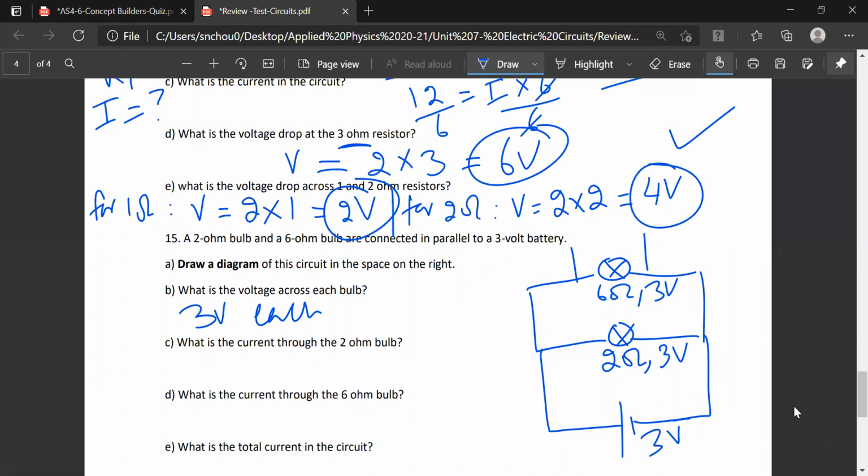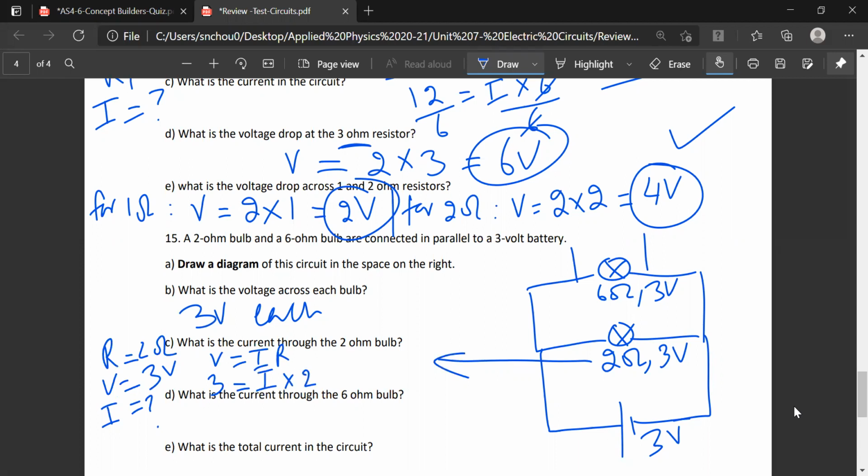What's the current through the 2 ohm? Notice that out of the 3 variables, I, V, and R, you have 2. You just have to figure out the third variable. So let's do that for the 2 ohm. For the 2 ohm, I have R is 2. V is 3 volts. I need to figure out I. Use the formula V equals IR. V is 3 equals I, the question mark, times R, 2.